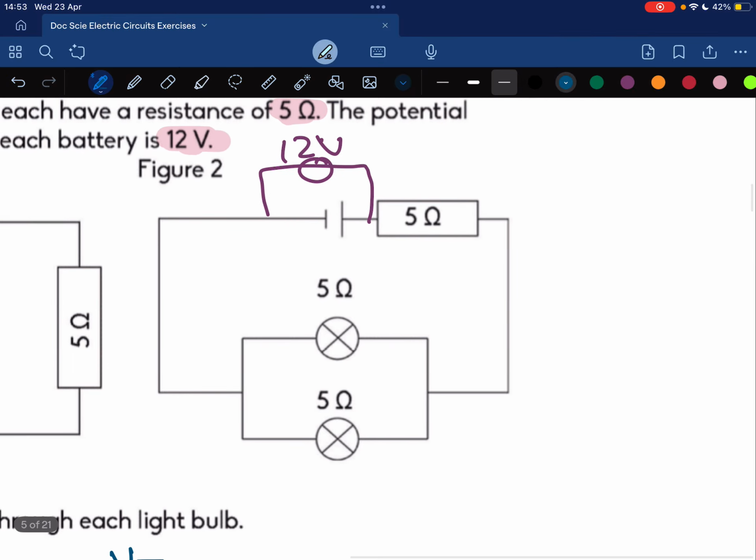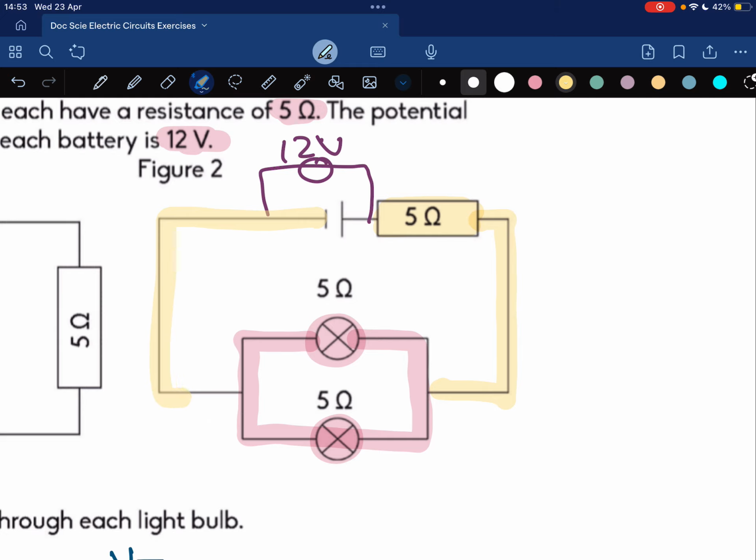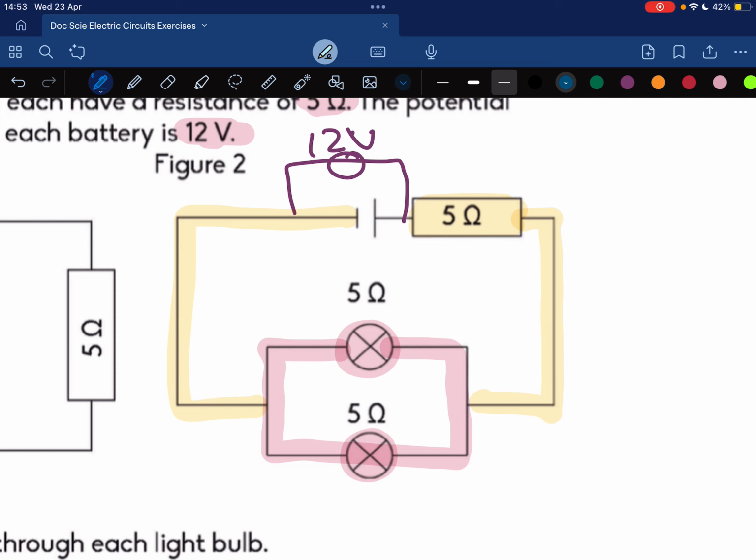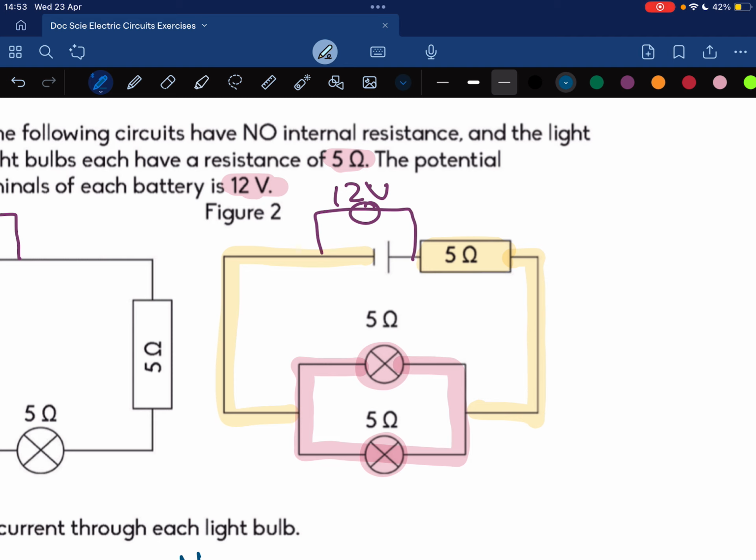The reason is that if you notice, there is a resistor that is in series, and the light bulbs are in parallel to one another, which means that the current that runs through this portion of the circuit is different to the current that runs through that portion of the circuit, because remember, in parallel, current is split. So we have to keep that in mind.